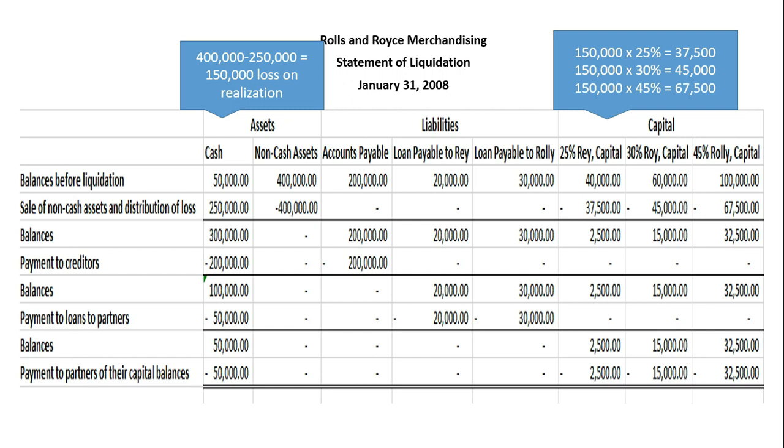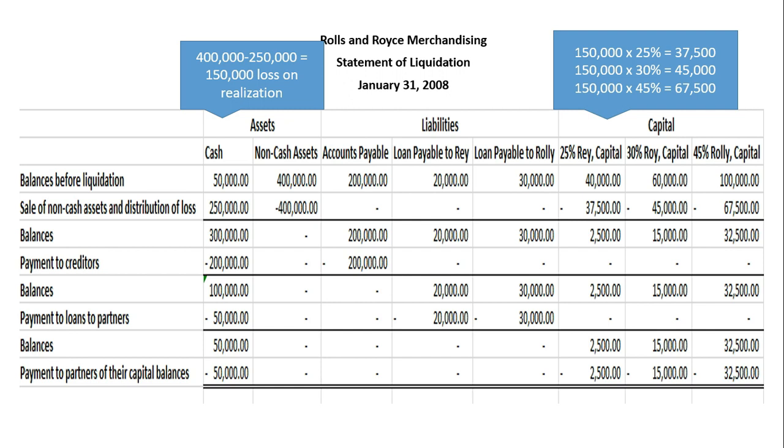The remaining liability that you have is the loans payable to Ray and Rolly, amounting to 20,000 and 30,000 respectively. So the total amount of the loans payable to partners is 50,000. The next step is to pay the loans to the partners. So 100,000 minus the 50,000, we still have the remaining cash balance of 50,000.